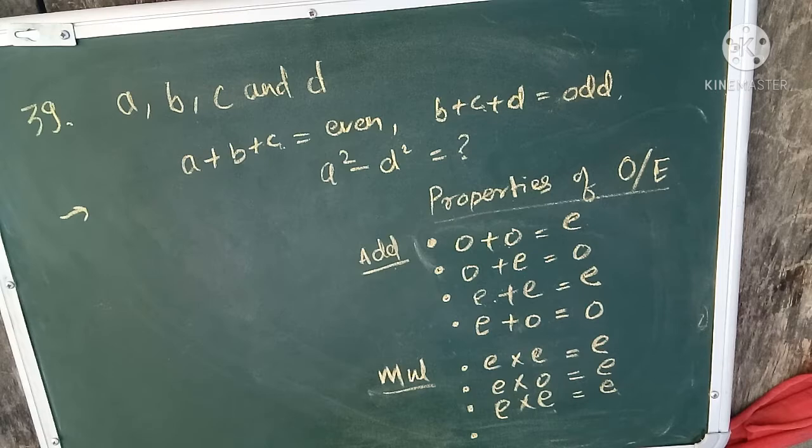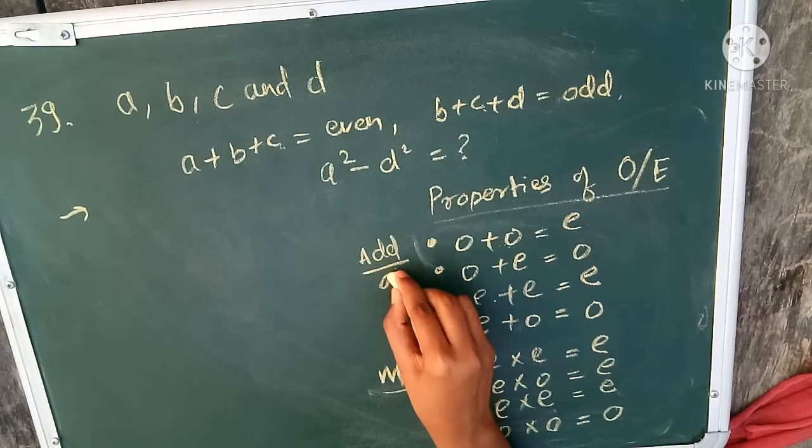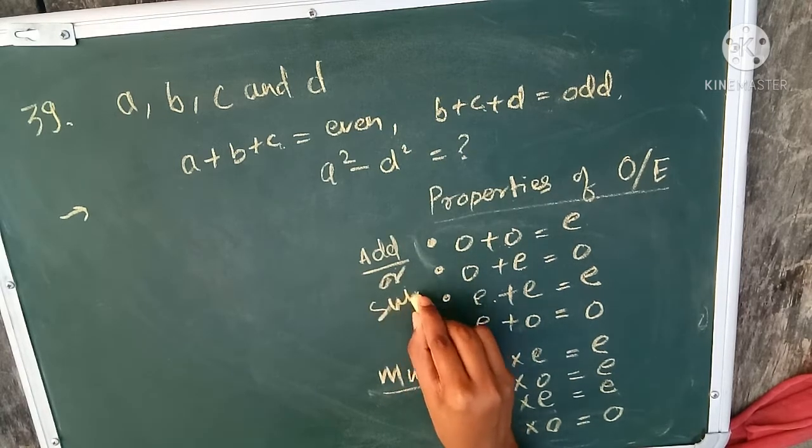And lastly, if we multiply two odd numbers, we get odd as a result. So before solving this question, we need to keep all these rules in mind. And for subtraction, the rules are the same as in addition.